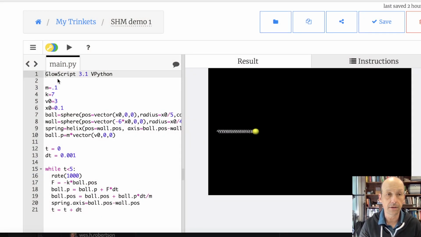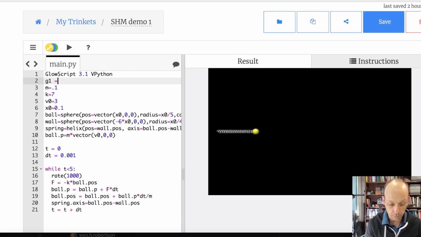Let's add a graph in here. So let's just say g1 equals graph. X title equals t in seconds. And y title is x in meters. You don't have to put that, I'm just trying to be a proper person, right?